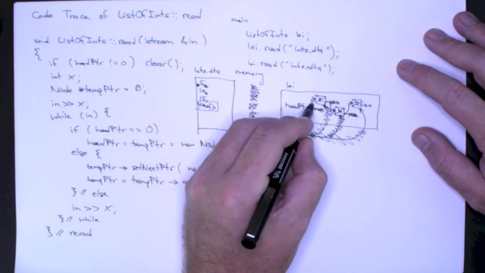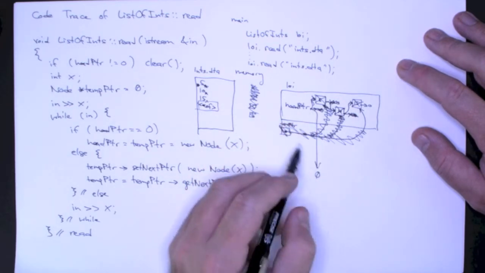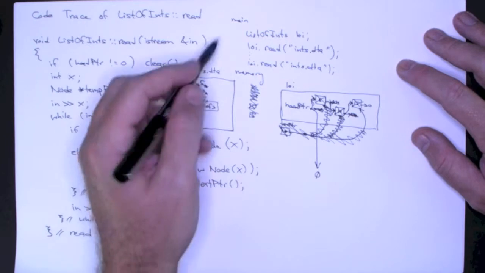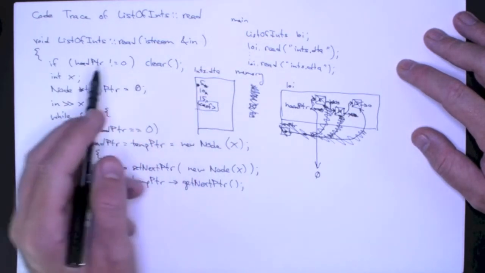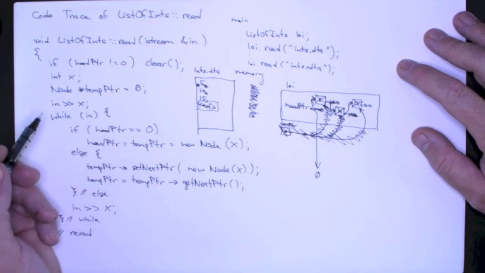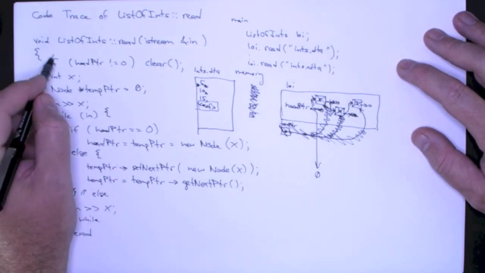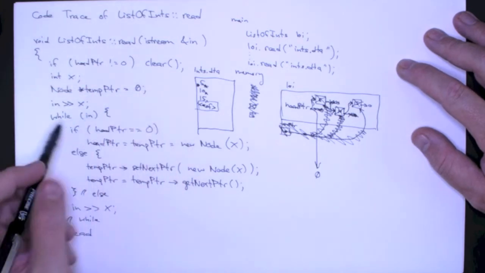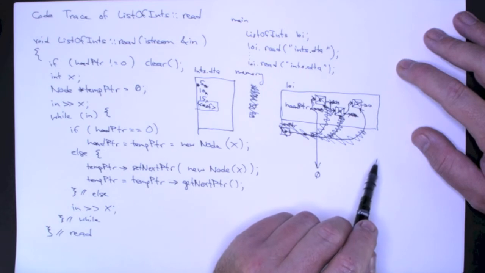And when the clear method terminates, head pointer will point to null, which is exactly where we were when we started our code trace. So this makes sure that we don't have a memory leak. And it might be a good exercise for you to pretend that we comment out this line and execute this second call to read and see what happens.